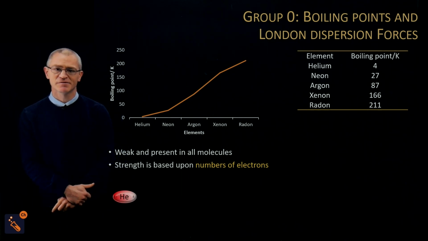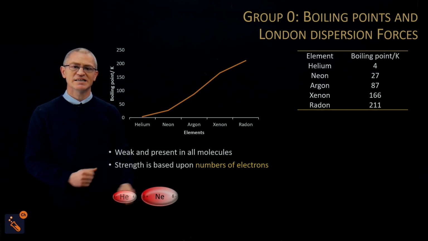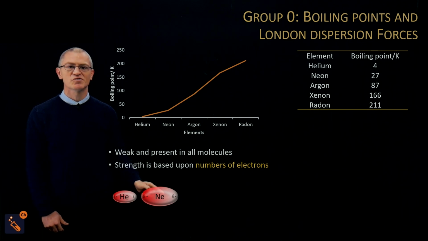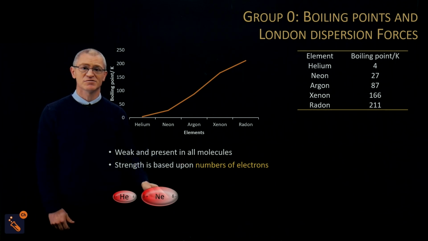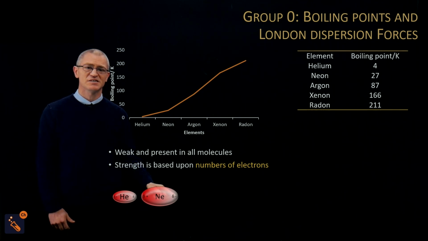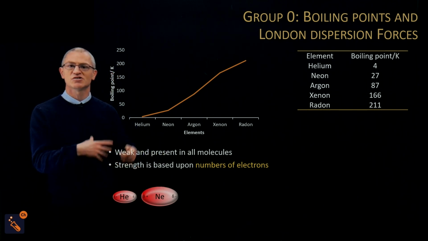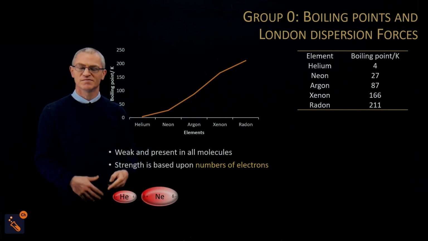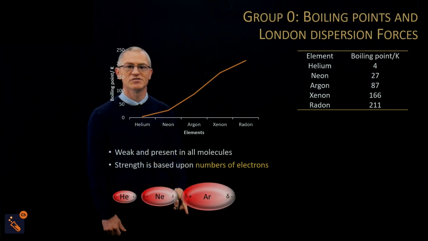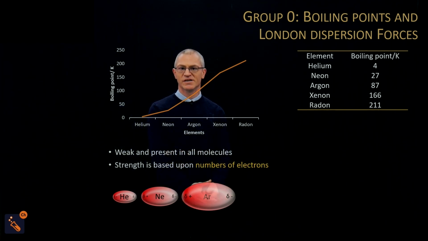If I have helium, it might have an instantaneous dipole like this. Neon is a bigger element. Because neon is a bigger element, it's got more electrons, a higher number of electrons, so therefore the cloud is going to be more unequally distributed, and therefore these delta minuses and delta pluses are going to be a bit stronger, which means they'll induce a stronger London dispersion force, a stronger attraction between the molecules. And this carries on all the way through, so we've got a delta plus, delta minus, larger amounts of electrons.